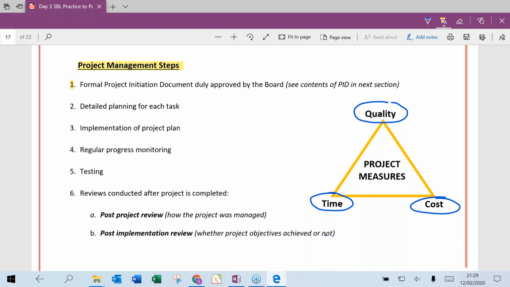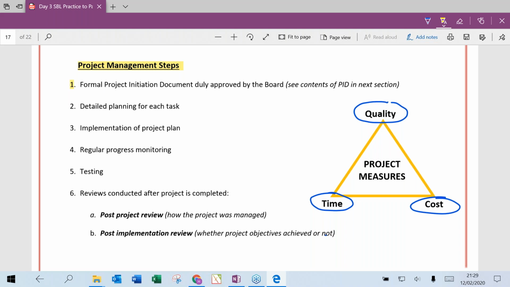All projects are done with a certain objective or benefit in mind. Do you agree? I repeat, all projects are done with a certain objective or future benefit in mind. If there is no future benefit from that project, nobody is going to spend money and time and effort doing a project.